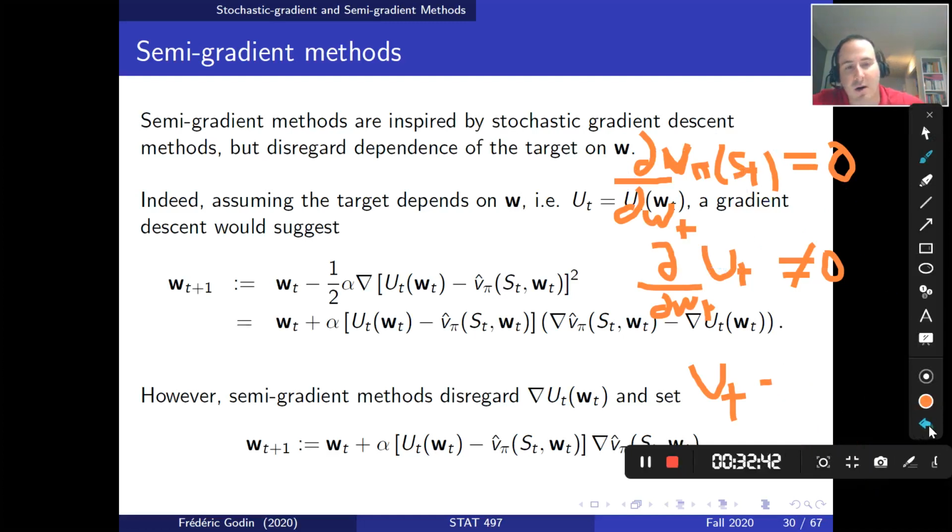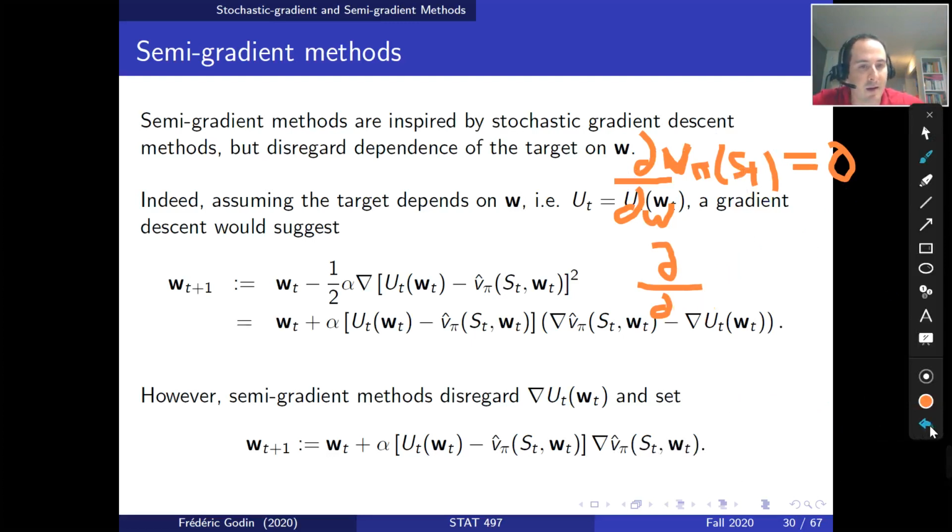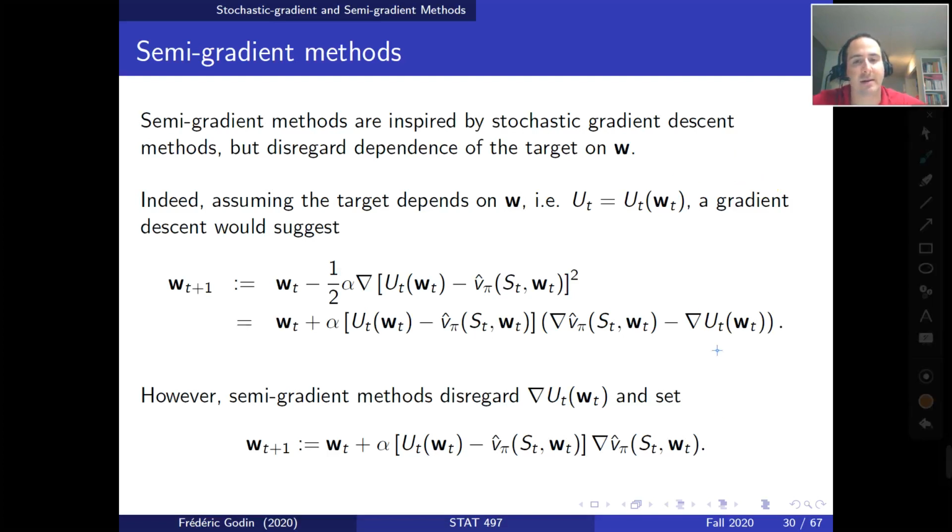The explanations are right in this slide. Assuming we would do a stochastic gradient descent with the target U_t, we would have the following update rule. The next estimate would be the previous one minus one half the learning rate times the gradient of the interior of our objective function within the expectation. So this is a stochastic gradient method, but where we replace the true value function by the target.